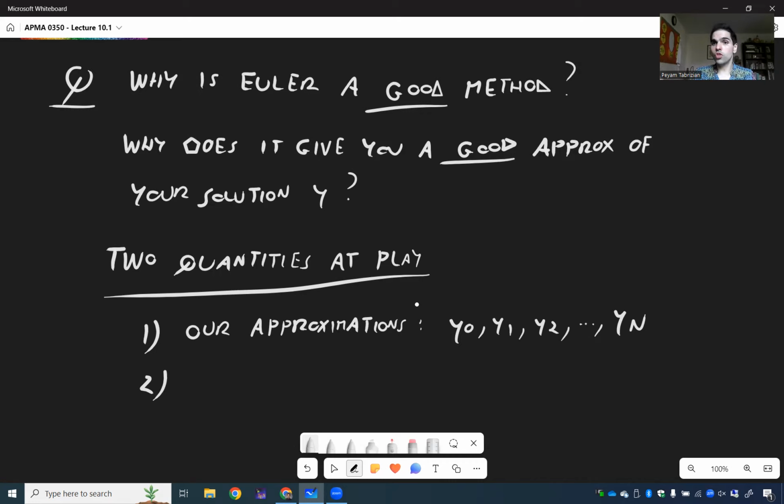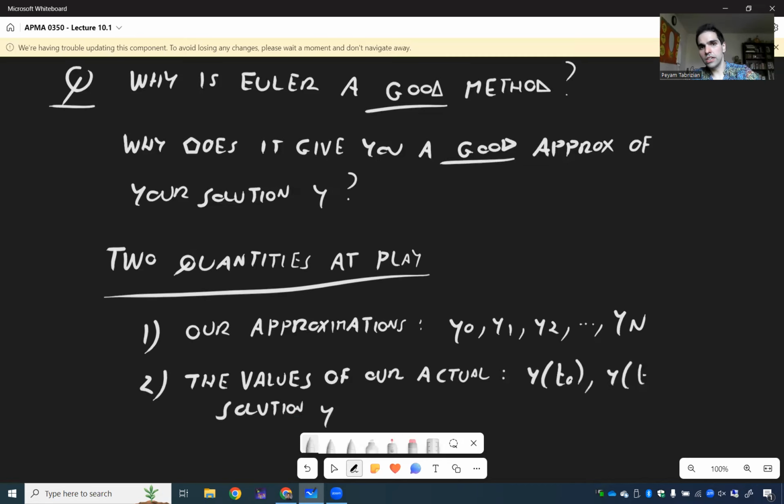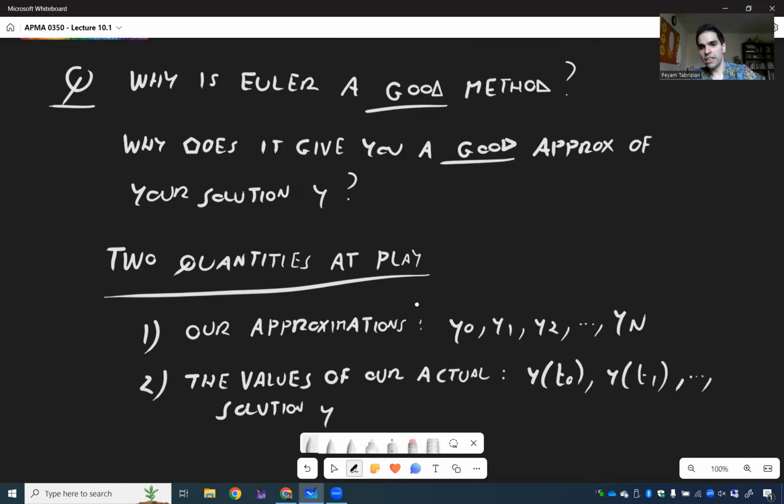Because if you have a solution y, you can actually evaluate it at all the points: y at t0, y at t1, up to y at tN. And in particular, it makes sense to compare the two.